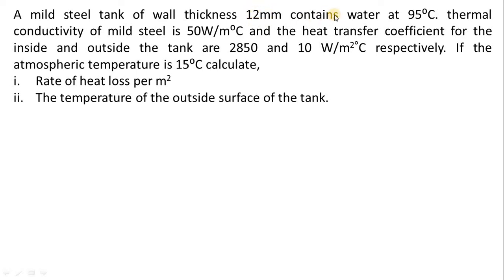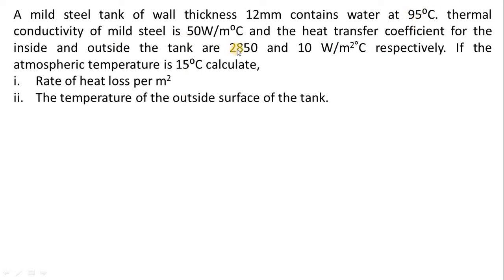Let it be. Contains water at 95 degrees Celsius. Thermal conductivity of mild steel is 50 watt per meter degree Celsius, and heat transfer coefficient for the inside and outside the tank. Now see here, inside the tank there is water at 95 degrees Celsius.